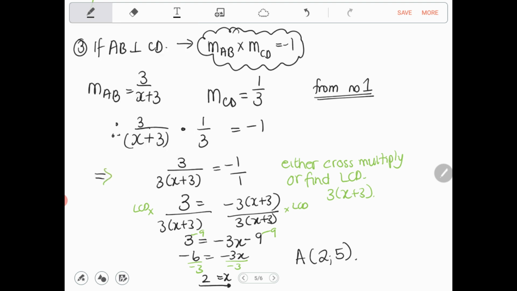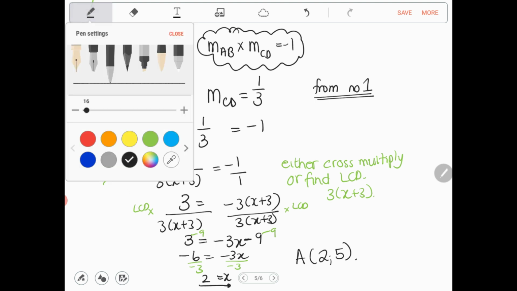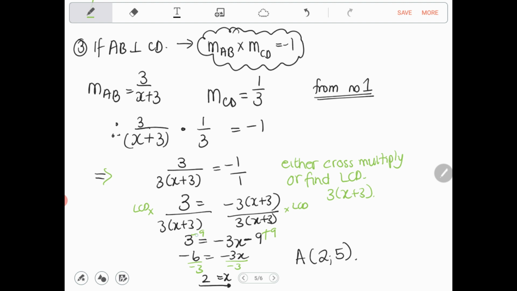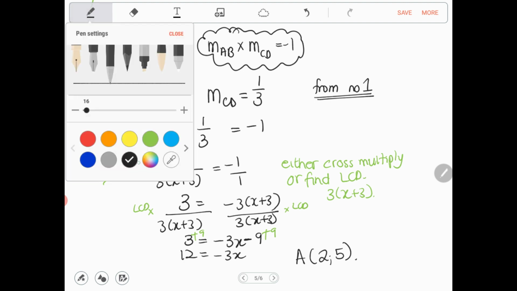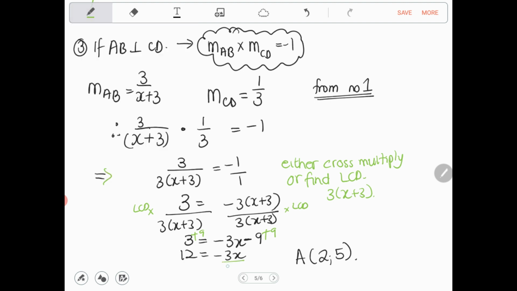So this should have been a -9, which is then going to be in plus and plus. Quickly redo this one. Apologies. So this is going to be 12 is equal to -3x. So you're going to end up having x is equal to -4.